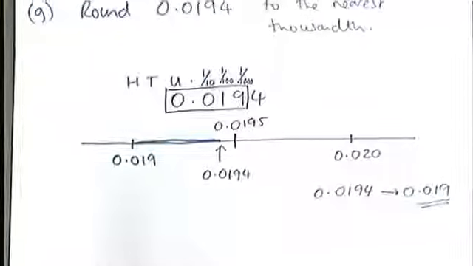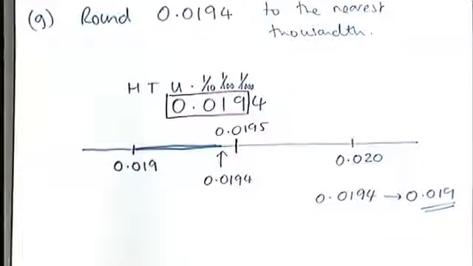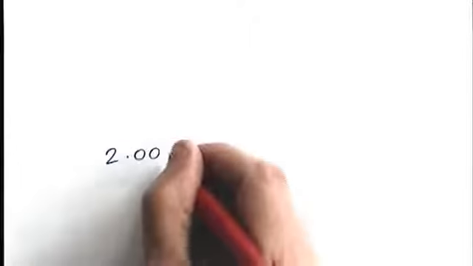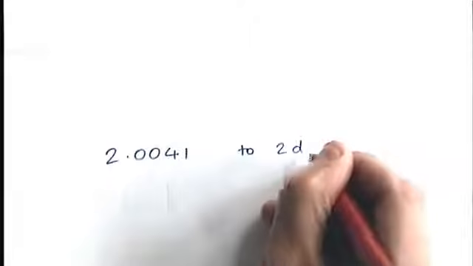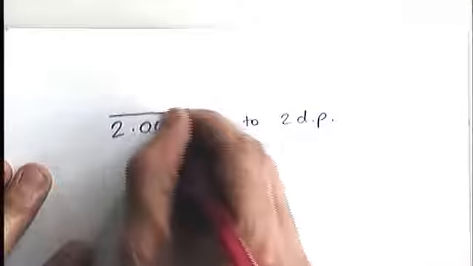There is a sort of shortcut way that you can do these roundings. If I take just one of those last examples, this one here, 2.0041 rounded to 2 decimal places. When I was putting the box in there, the box tells you where to chop your number off, if you like.